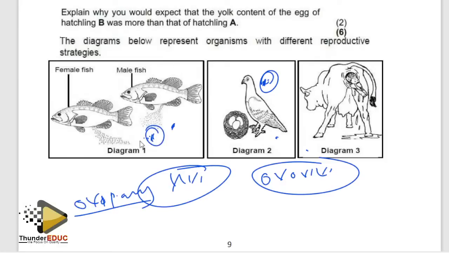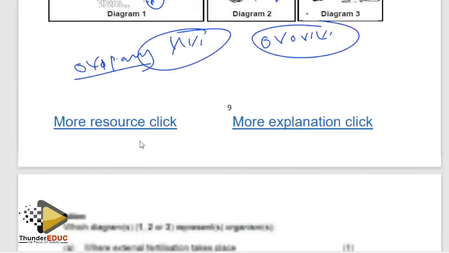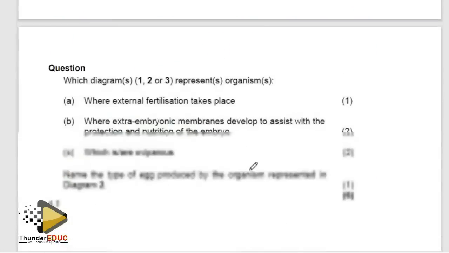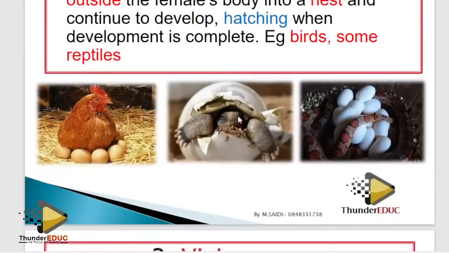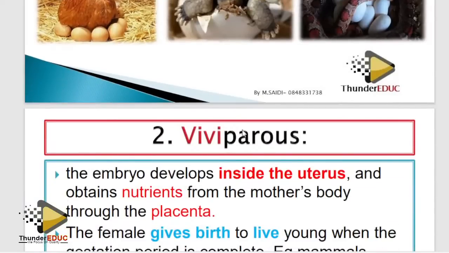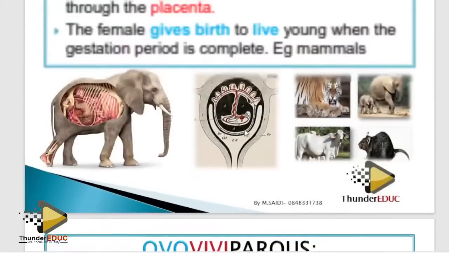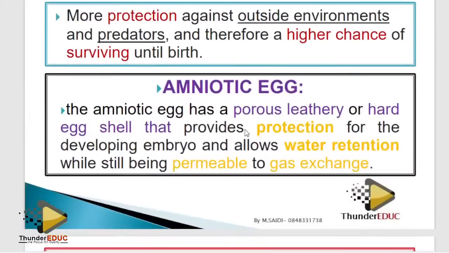So it can be external oviparous or internal oviparous. Please don't confuse that, because students also confuse that. This is not too many marks, but I'm just trying to show you the small mistakes students make in each topic, and what you're supposed to emphasize, so that you can get a distinction. That one is easy, so we have seen that.